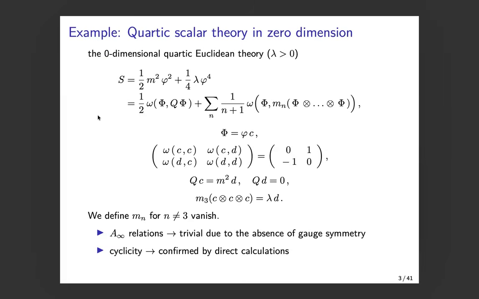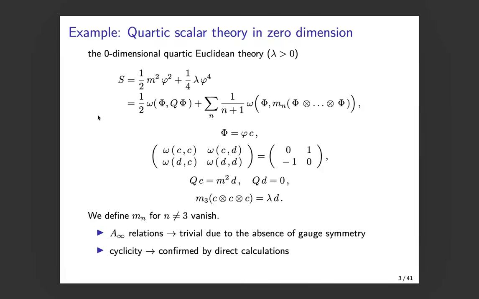So if we define Q and M3 like this, and we substitute these definitions into here, we reproduce this action. Actually M(C, C, C) is non-trivial, but other actions such as M(C, D, C) or M(D, D, D) and something like that vanish.